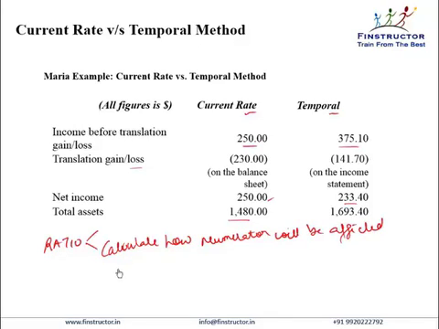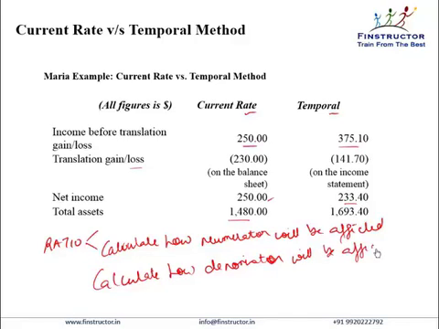Then calculate how the denominator will be affected. And you just need to follow the method that you've studied to make a general conclusion on how that particular ratio will be affected, positively or negatively.